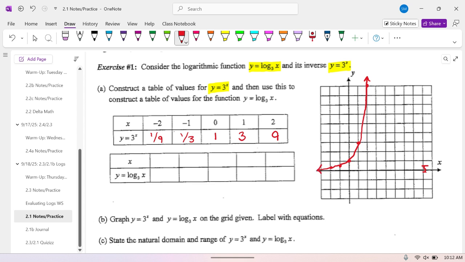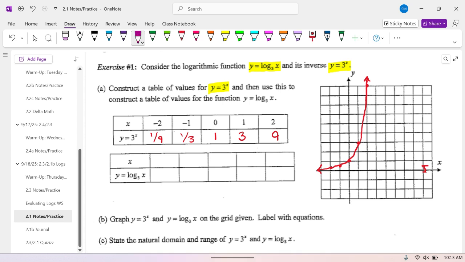Now, remember, when we talked about exponentials, all exponential graphs have a what? They have an asymptote. What type of asymptote, though? It's a horizontal. So, can anyone tell me what an asymptote is? It's the line that the graph doesn't cross. So, what do you think my line that the graph doesn't cross here is? The x-axis.